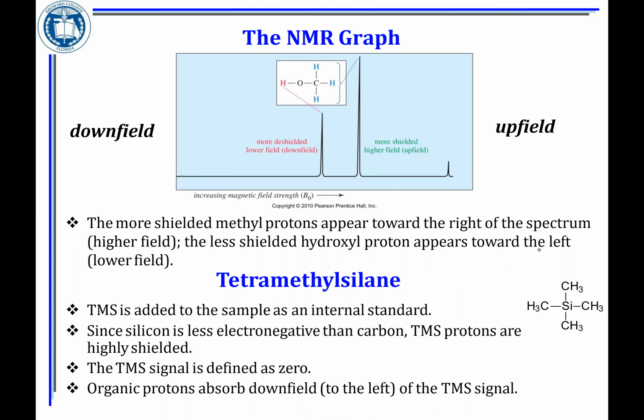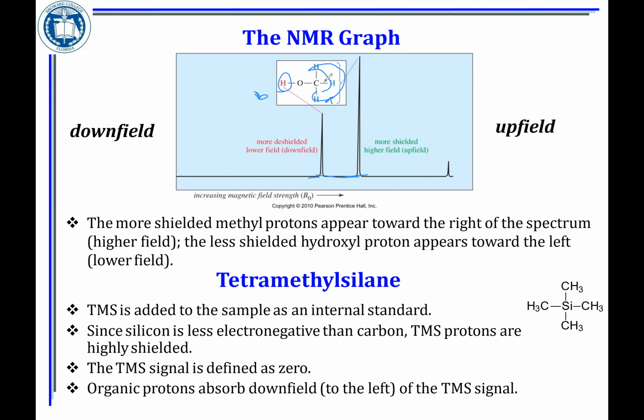For the example of methanol, we have two types of hydrogen: the blue ones, which are type A, and the red one, which is B. You have two locations for them. They are not the same; they don't have the same degree of shielding or de-shielding effect.